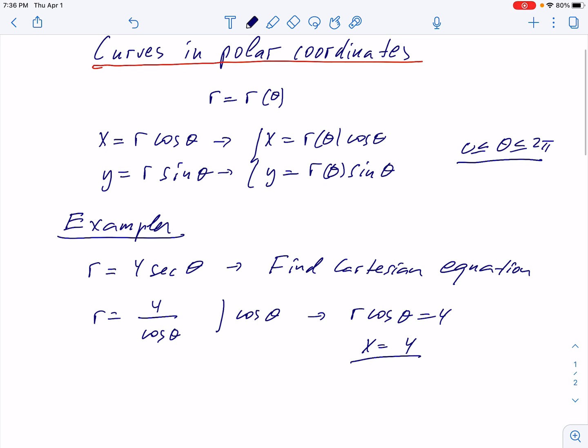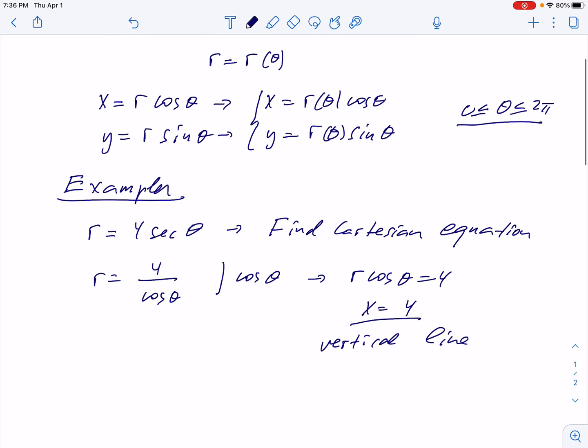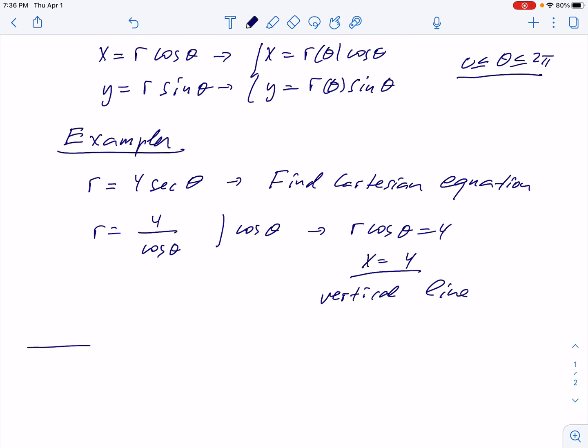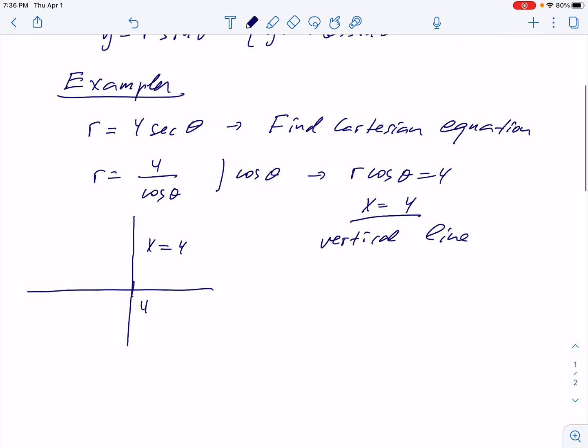This is the simple Cartesian equation which corresponds to this polar curve. This is a vertical line where y is arbitrary and x is 4. It looks like that here on the coordinate system. Let's say number 4 is here, and you have vertical line, x equals 4. That's it.